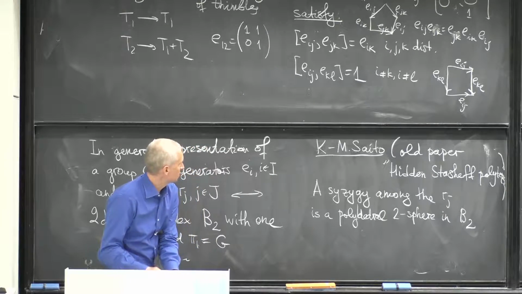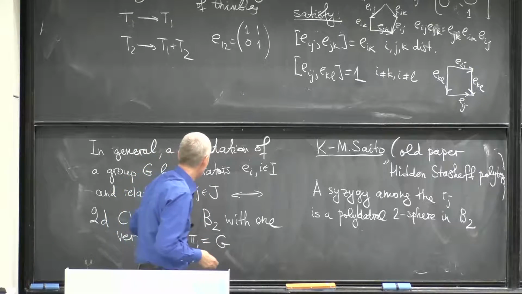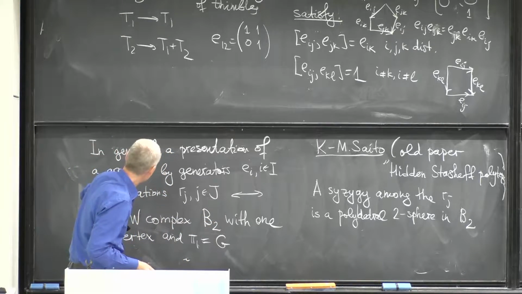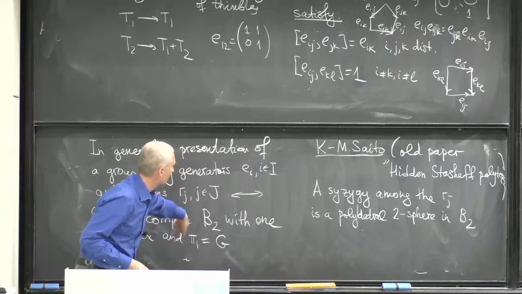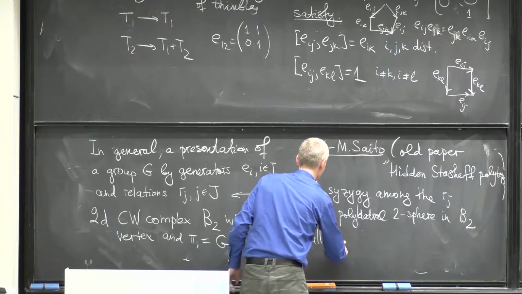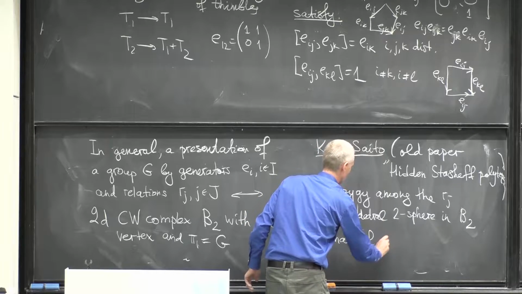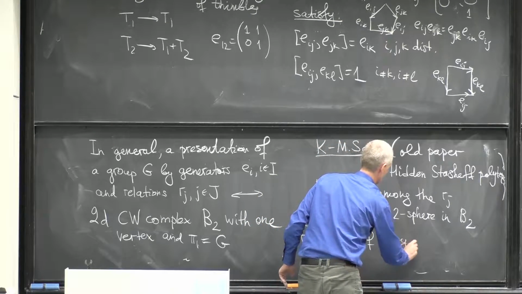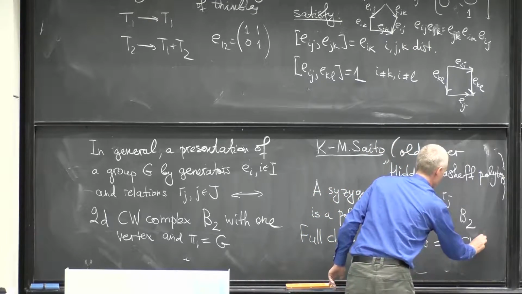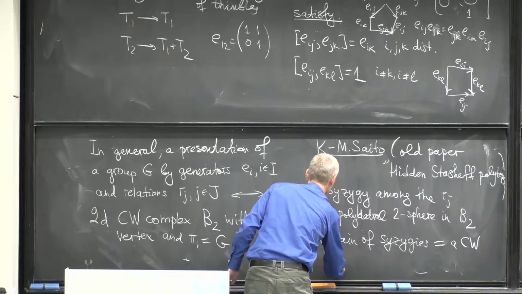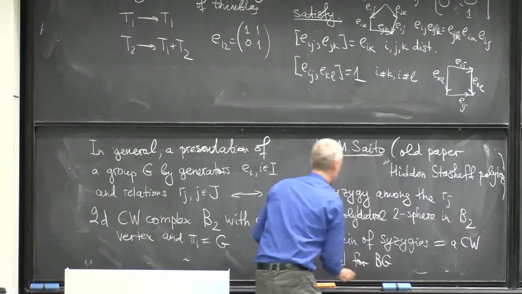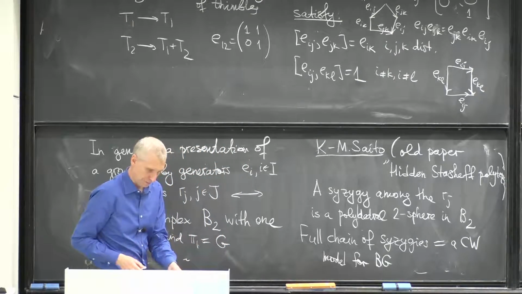And a complete system of syzygies, like a resolution, would be an explicit, not two-dimensional complex, but full cell complex, which is a classifying space of the group. So a full chain of syzygies in a CW model of BG, whose 2-skeleton is this two-dimensional thing.